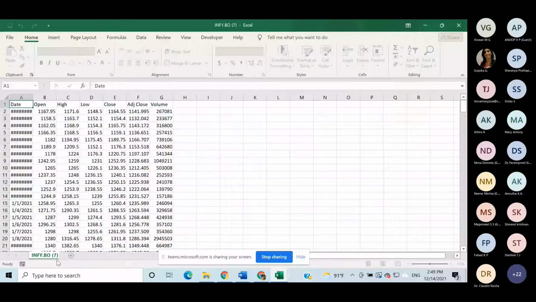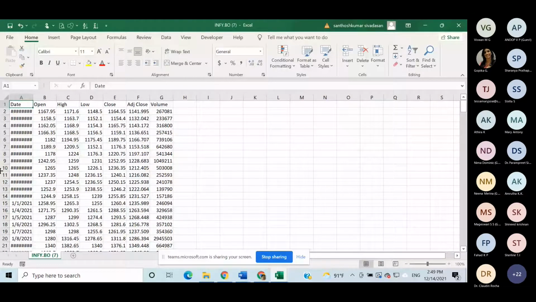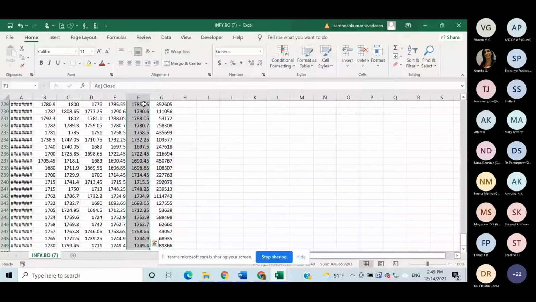So this is Infi. You select the adjusted closing price, Control Shift down arrow, Control C will copy it. Choose the Excel sheet.